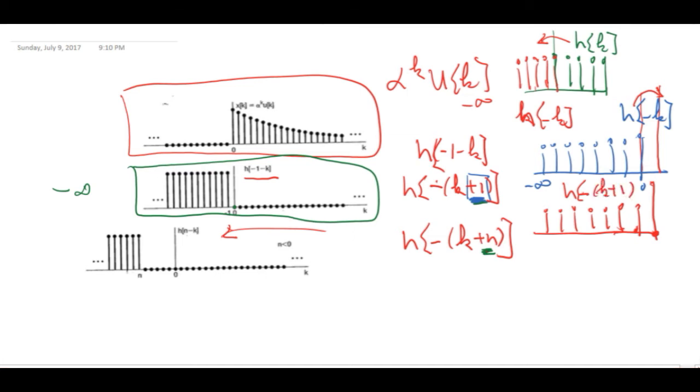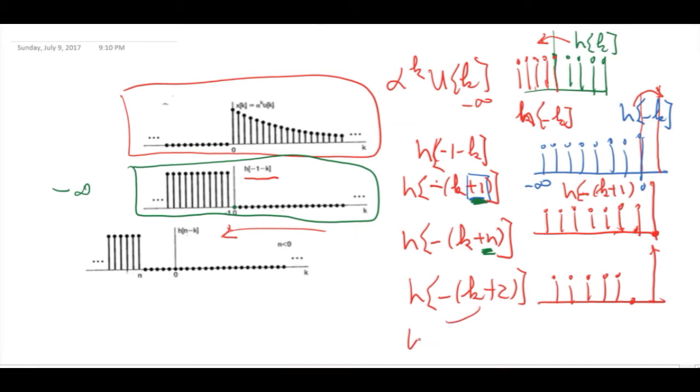Similarly, when we are talking about h minus k plus 2 here, then we are going to have nothing here and here, because we moved the axis here. So what we can see is when we expand this one it becomes h minus k minus 2, or minus k minus n.